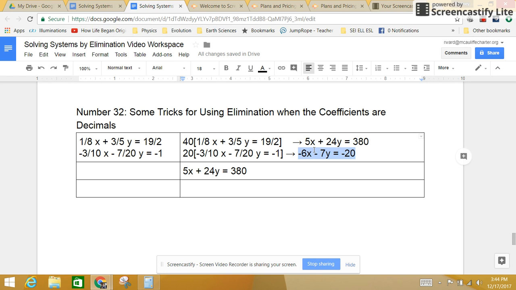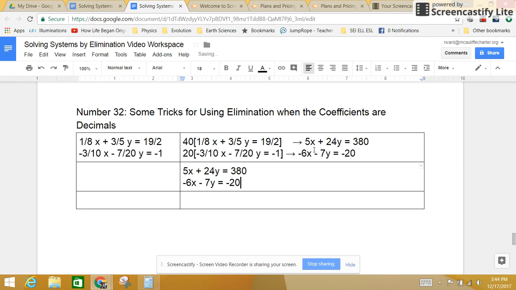Now I have two linear equations that still don't have matching or opposite coefficients, but they don't have fractions to worry about. So I need to find something that will work to clear out one of the variables. So I'm going to eliminate one of the variables.